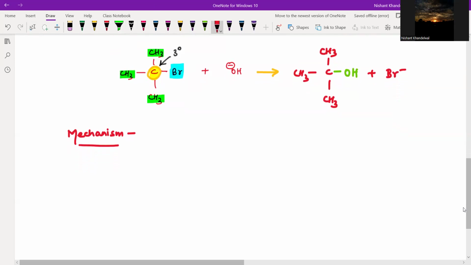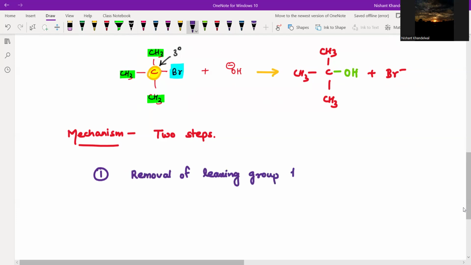So the mechanism involves two steps. It is a two-step mechanism. Number one, removal of the leaving group to form a carbocation.